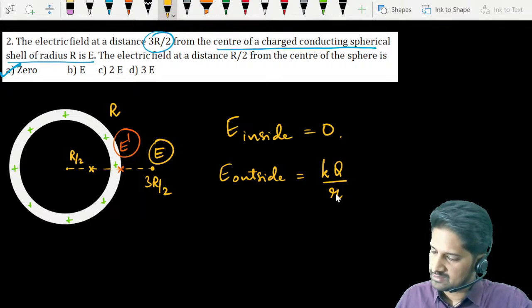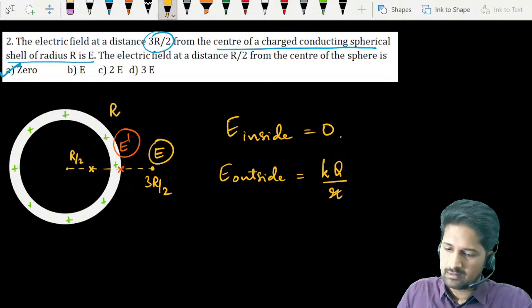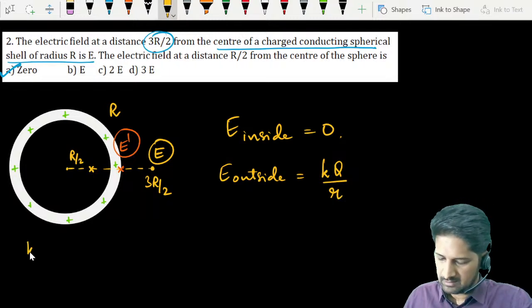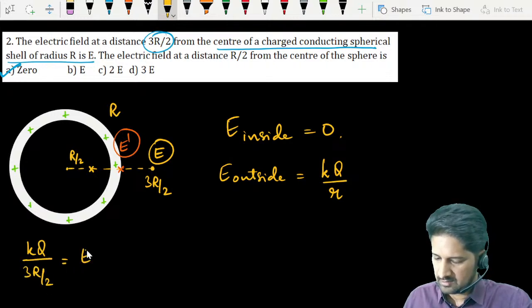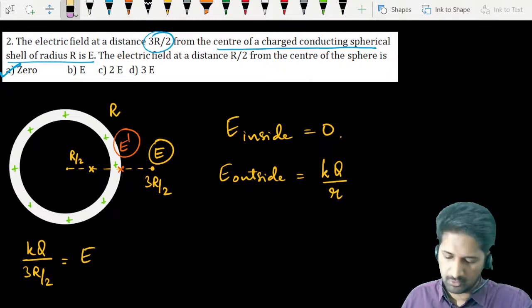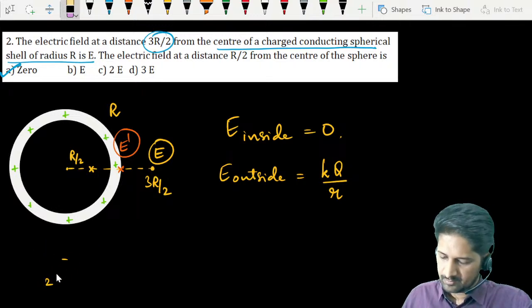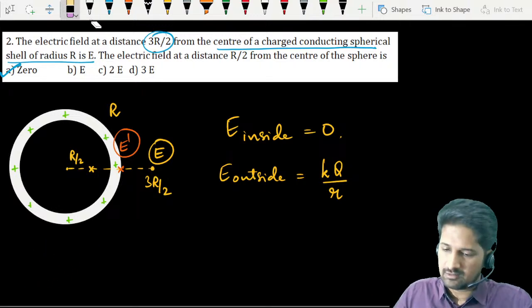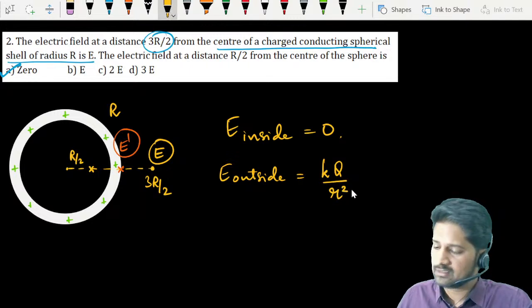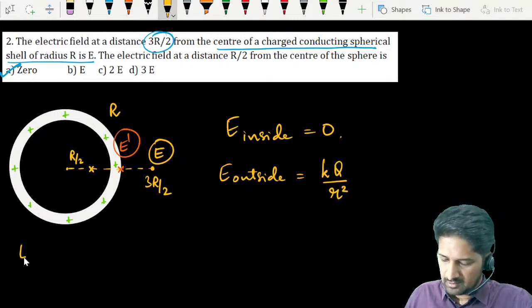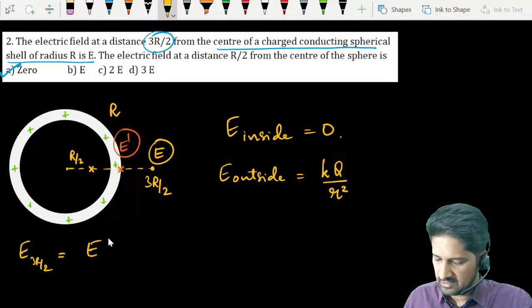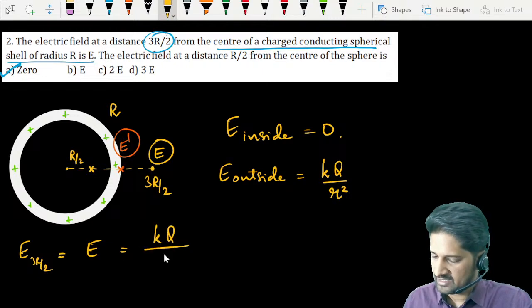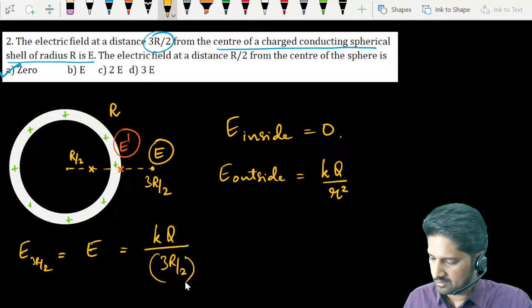Okay, now this distance, you can say that kq by the distance 3r by 2 is E. Sorry, I wrote the formula for potential, my bad. The formula for electric field at a point outside the sphere is kq by r square. So the electric field at a distance 3r by 2, which is given as E, becomes kq by (3r by 2) whole square.